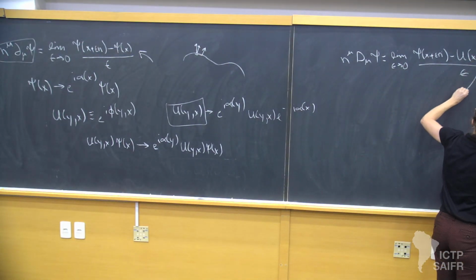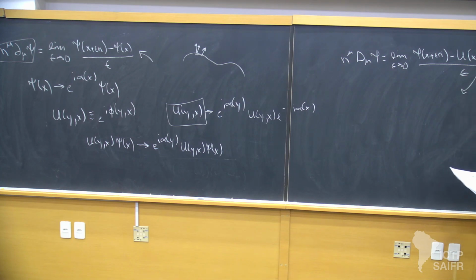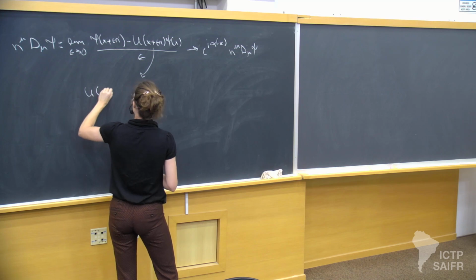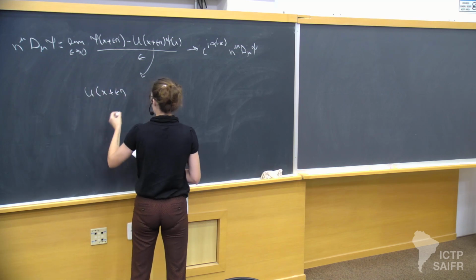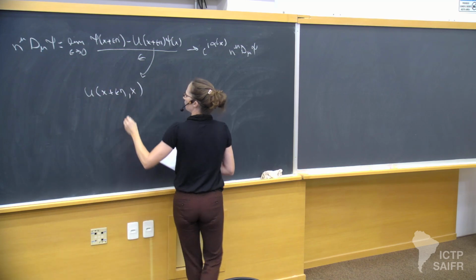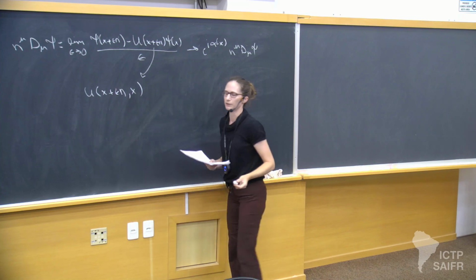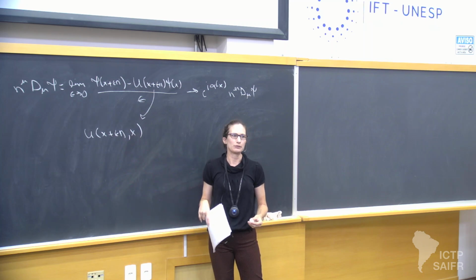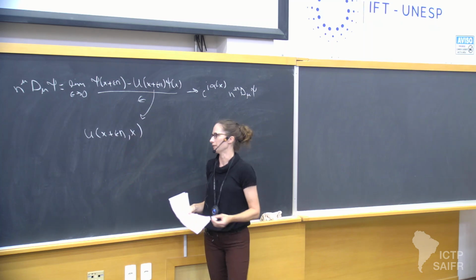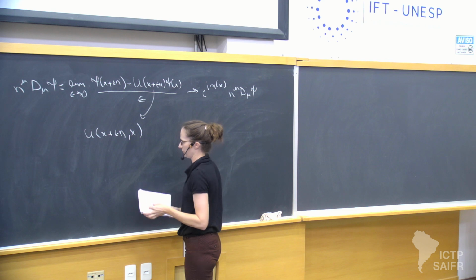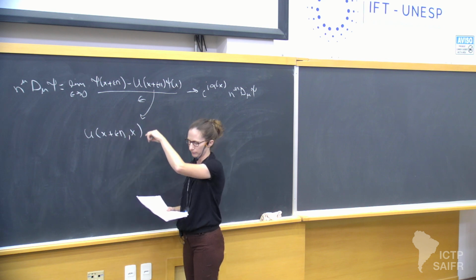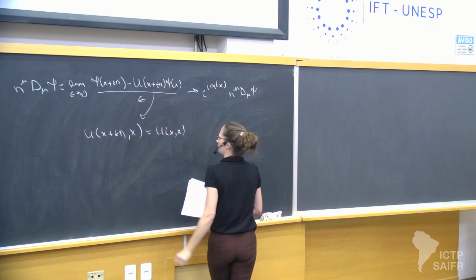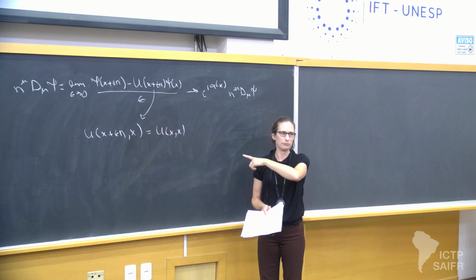So let's look specifically at this infinitesimal parallel transporter. Wow, my handwriting is terrible on the chalkboard, I'm sorry. All right, so epsilon is infinitesimal, we're taking the limit that epsilon goes to 0, so we can expand this thing for small epsilon. Just do a Taylor expansion. The first term is just u from x to x.